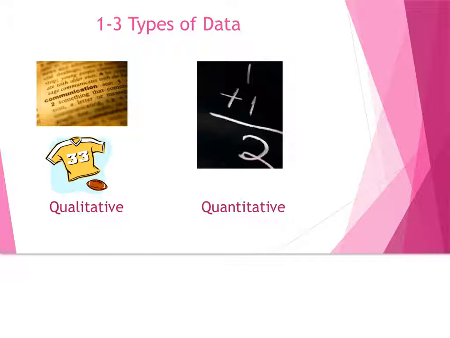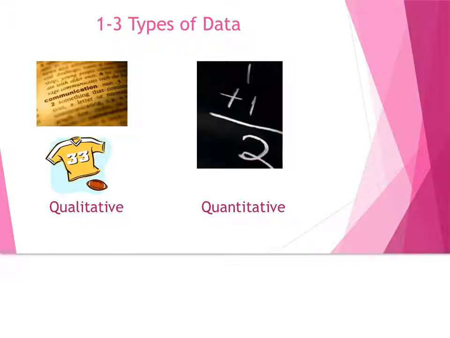But sometimes I get number answers. Number answers can be either, so I have to think about those a little bit. If the number answer I get is a measurement or a count, that number is quantitative. Quantitative data is the kind of numbers that it makes sense to do math with.